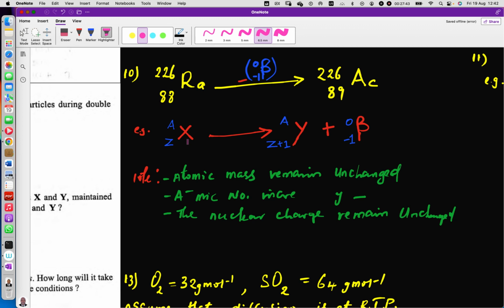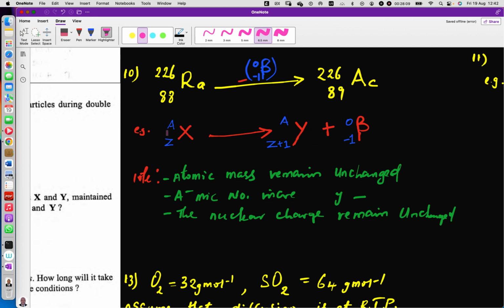Let's say an element X undergoes a beta emission. There is a nuclear reaction taking place, and it emits beta particles. The mass number of a beta particle is 0, and the atomic number for the beta particle is -1.